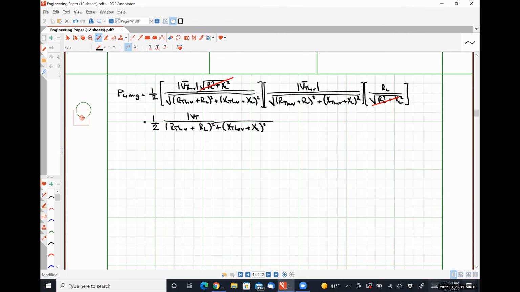In the numerator, I have the magnitude of my Thevenin voltage squared times RL. So this form right here is the quantity that we are going to try to maximize.